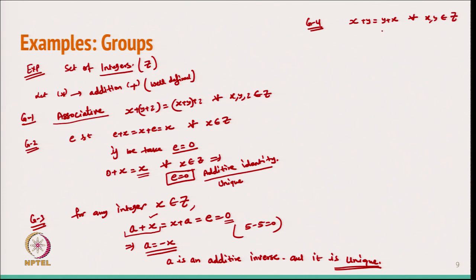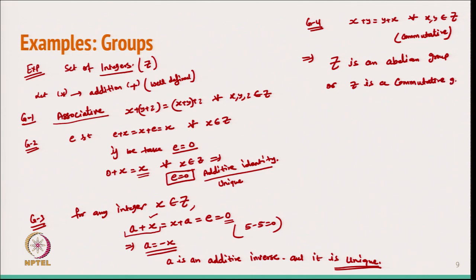So, I can say that this binary operation is commutative, and from here I can say that the set of integers is an abelian group, or we can say that Z is a commutative group.